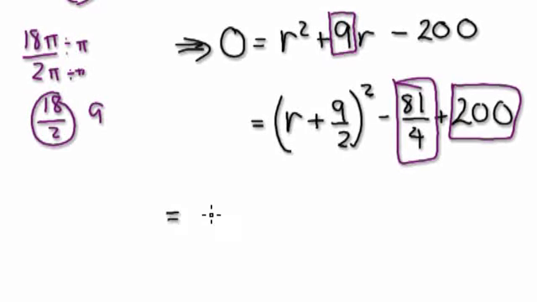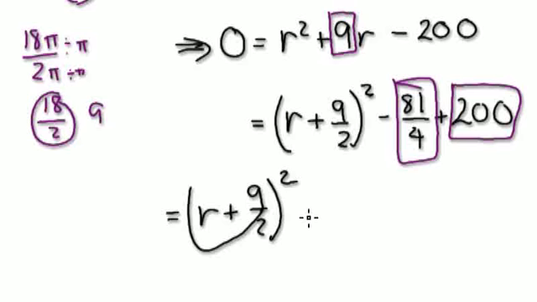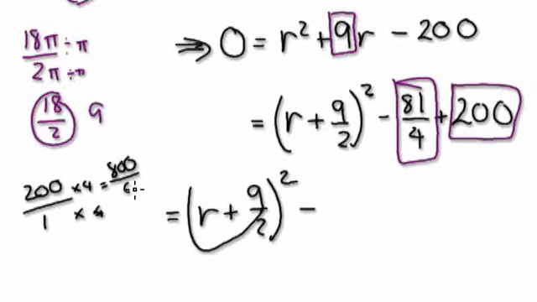So this becomes r plus 9 over 2, squared, and then let's turn this into a fraction. So 200 over 1, and then multiply top and bottom by 4. So this would be 800 over 4. And this here would be 81 over 4, plus... no, sorry, minus. There's no plus here.